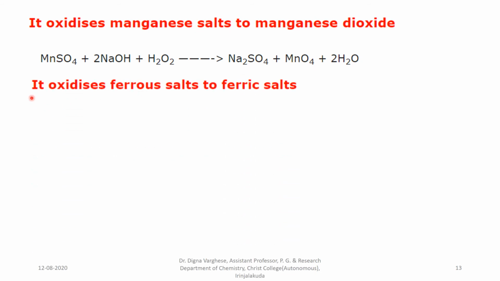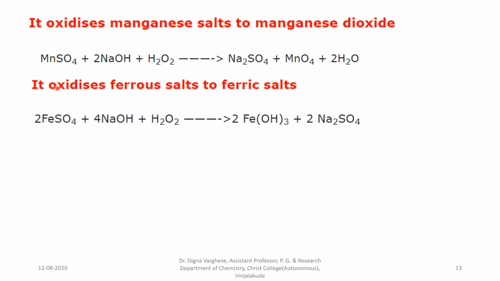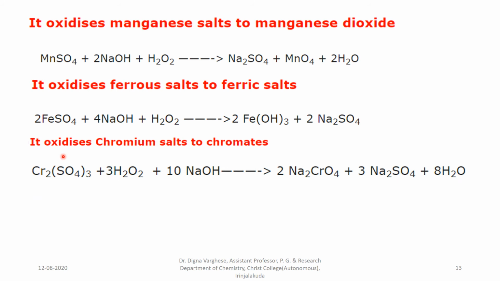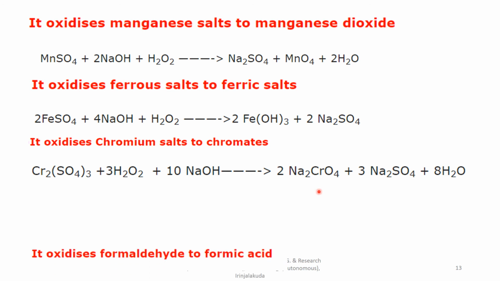And it oxidizes ferrous salts to ferric salts. That is, ferrous sulfate treated with sodium hydroxide, hydrogen peroxide is added to this, then ferric hydroxide is formed. Ferrous to ferric. It oxidizes chromium salts to chromates. That is, chromium sulfate is converted into chromates.